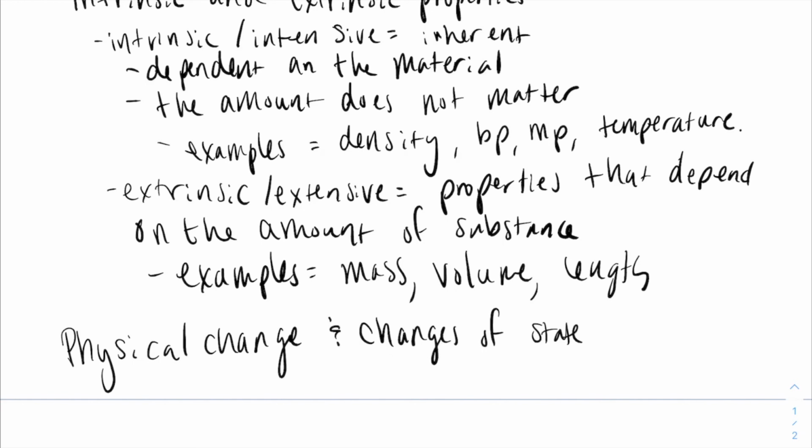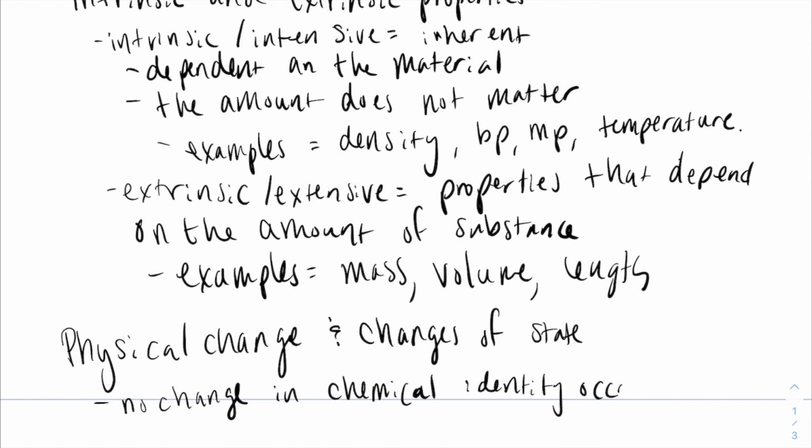So our physical change is going to be a change in the appearance of the substance, but we're not changing our chemical identity. So no change in chemical identity occurs. Just a change in the appearance.